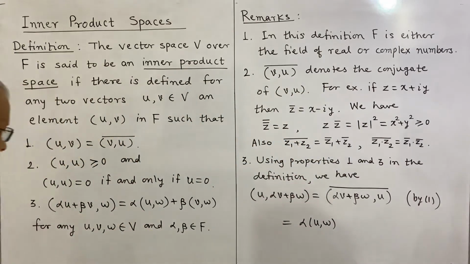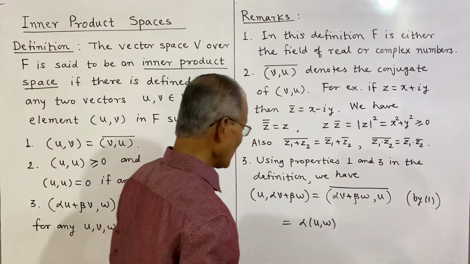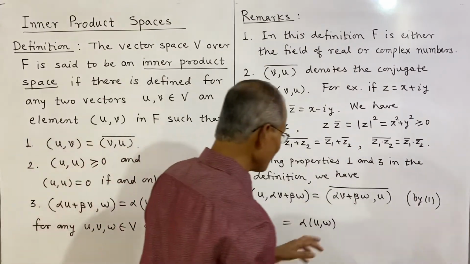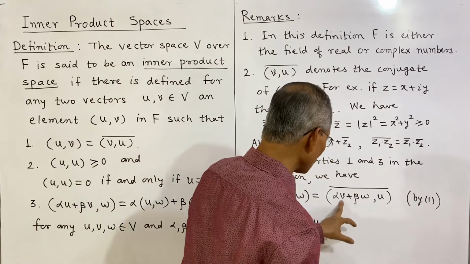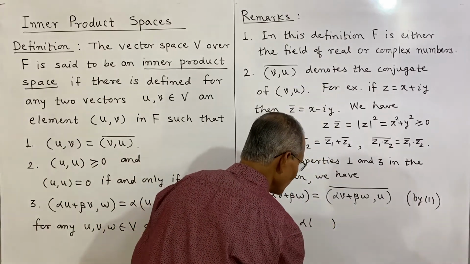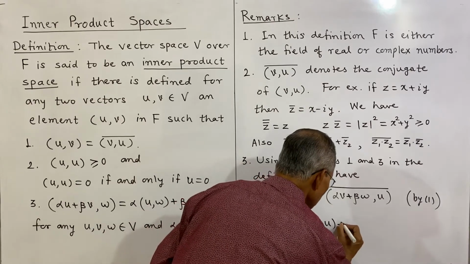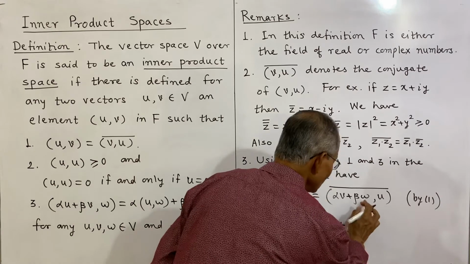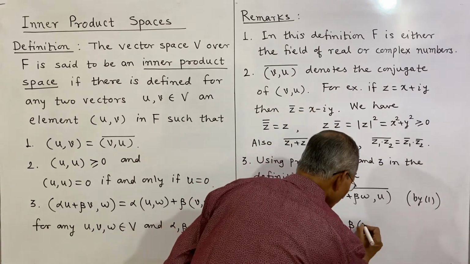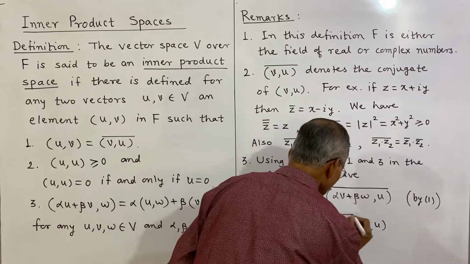But what we have written here is alpha v plus beta w, and therefore this will be alpha times the inner product of v and u, plus beta into the inner product of w and u, and its conjugate.